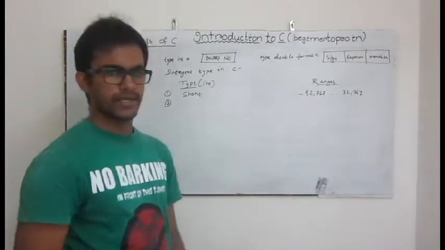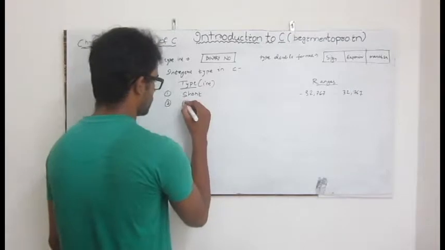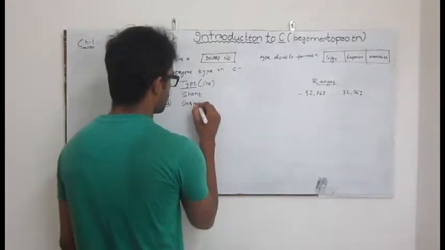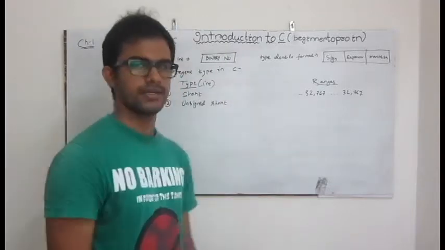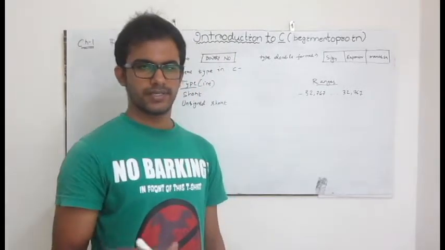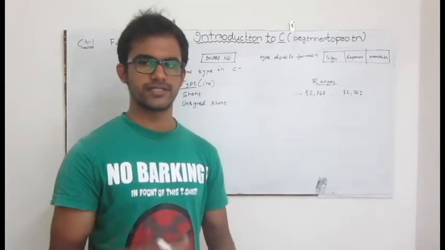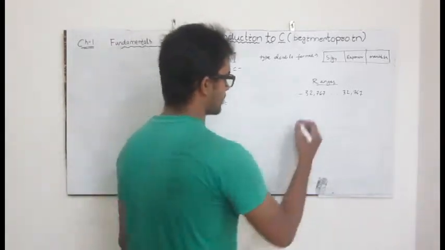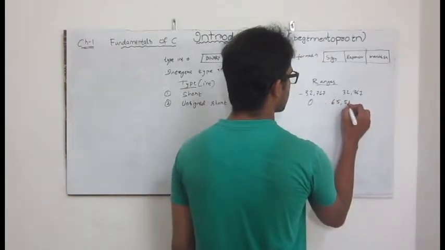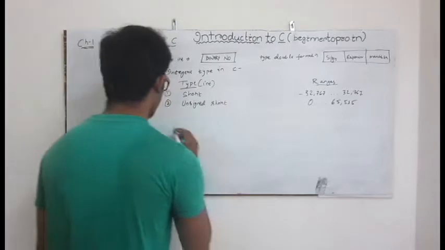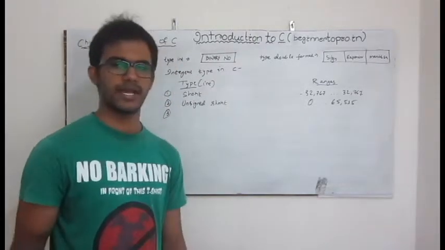So the next integer type is unsigned short integer. The range of unsigned short is 0 to 65,535. So guess what our next type is.